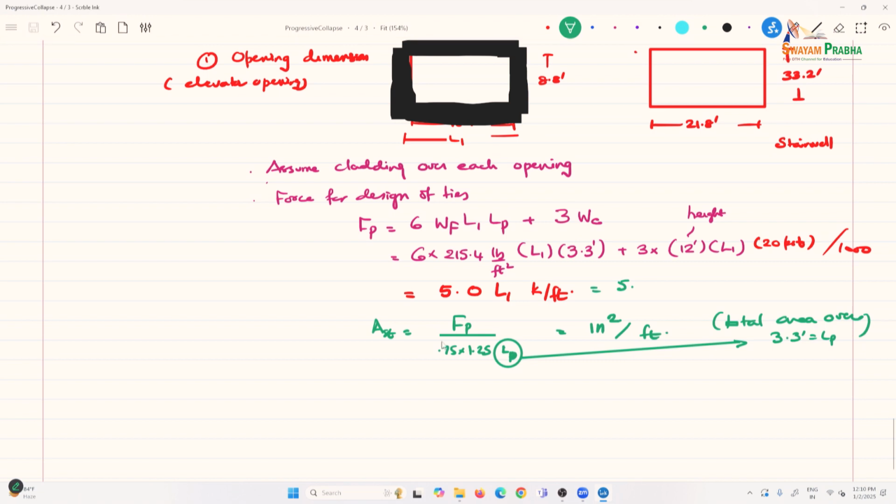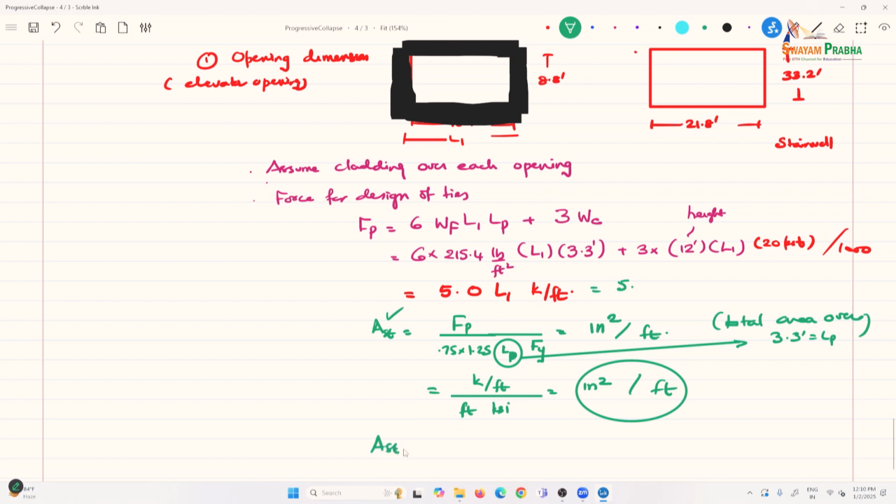Yeah, Fy. Now, just making sure the units are correct. This is kips per foot, so this is feet and KSI, so this will become square inches per foot. Yeah, so this equation is correct.